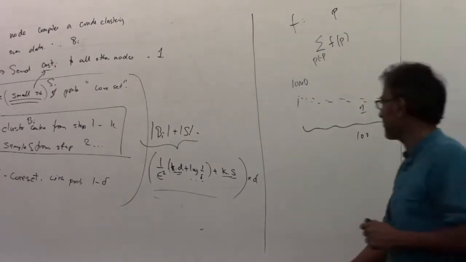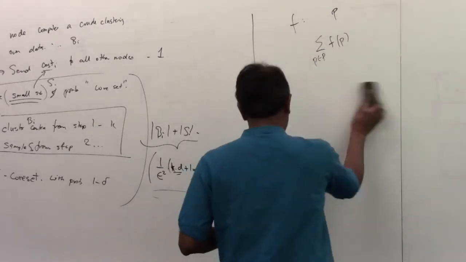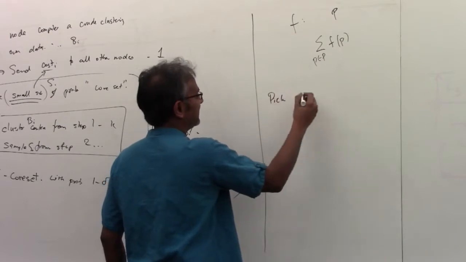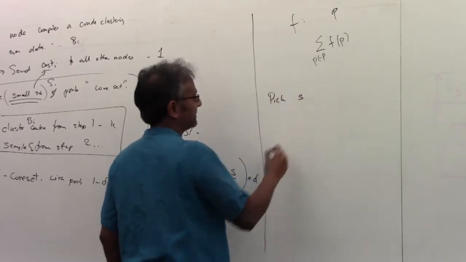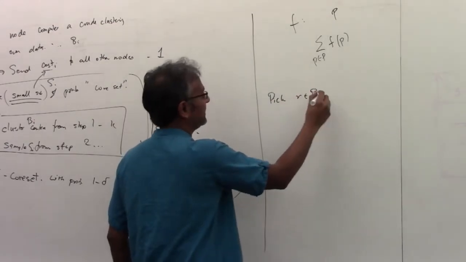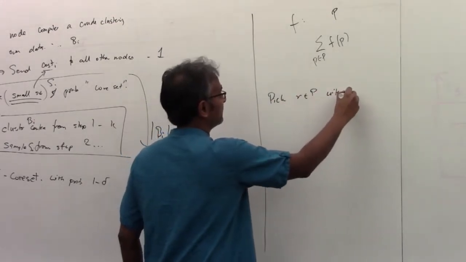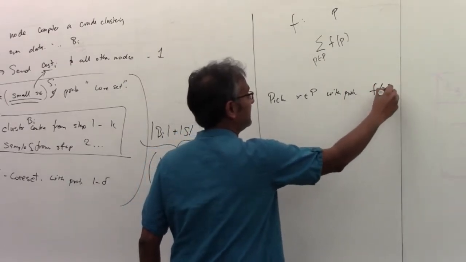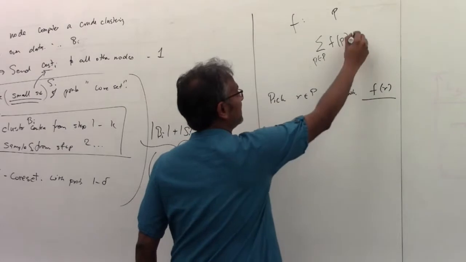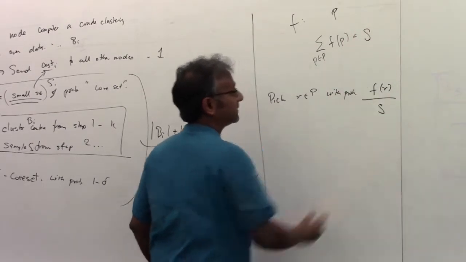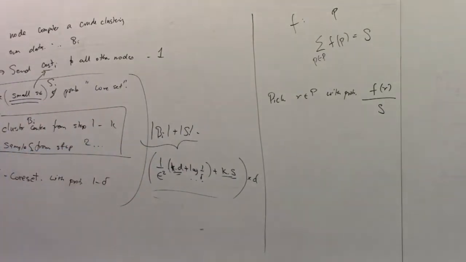So here's what you want to do: pick some random point r belonging to P with probability f of r divided by, let's call this, S. That's kind of what you want. You want to pick the points that are heavier with more probability.